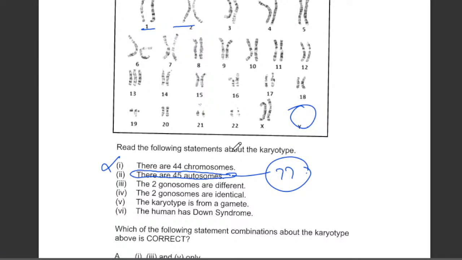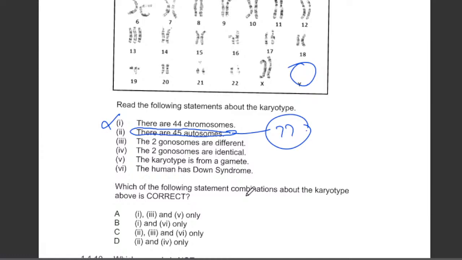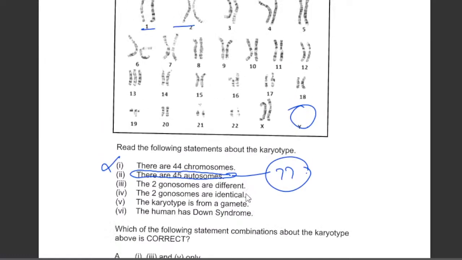Okay, lastly, the karyotype has Down syndrome. No. If you look at chromosome number 21, the two gonosomes are identical. The two chromosomes are identical. Are they identical? No. Yes, because check this.